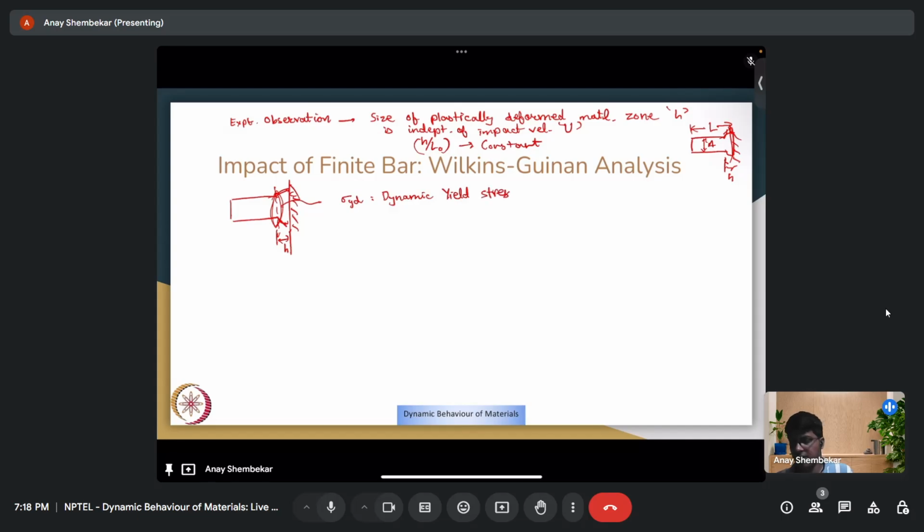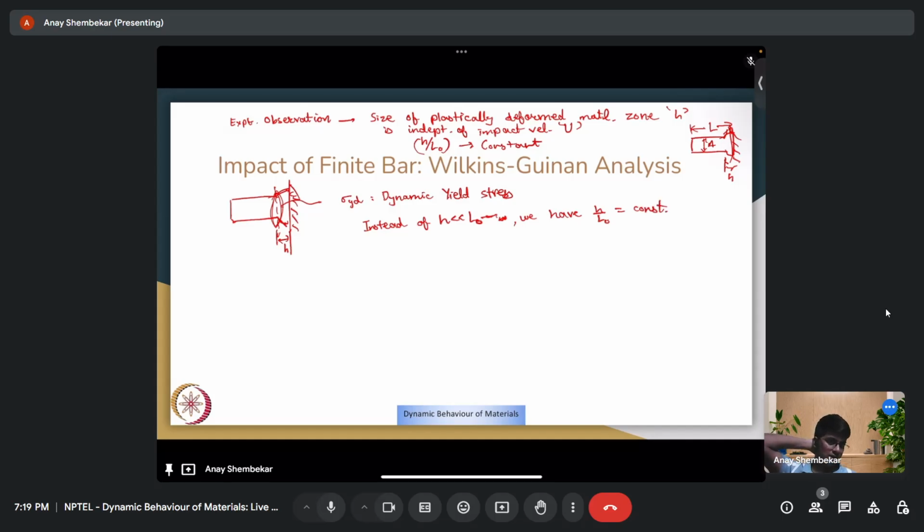So we basically go through the same equation as before, but with H less than L naught, where H by L naught is equal to a constant.